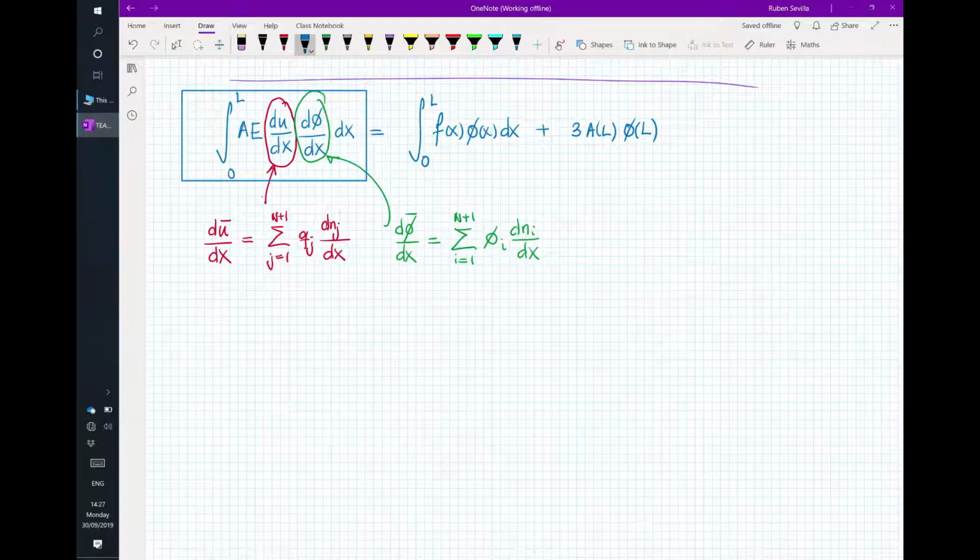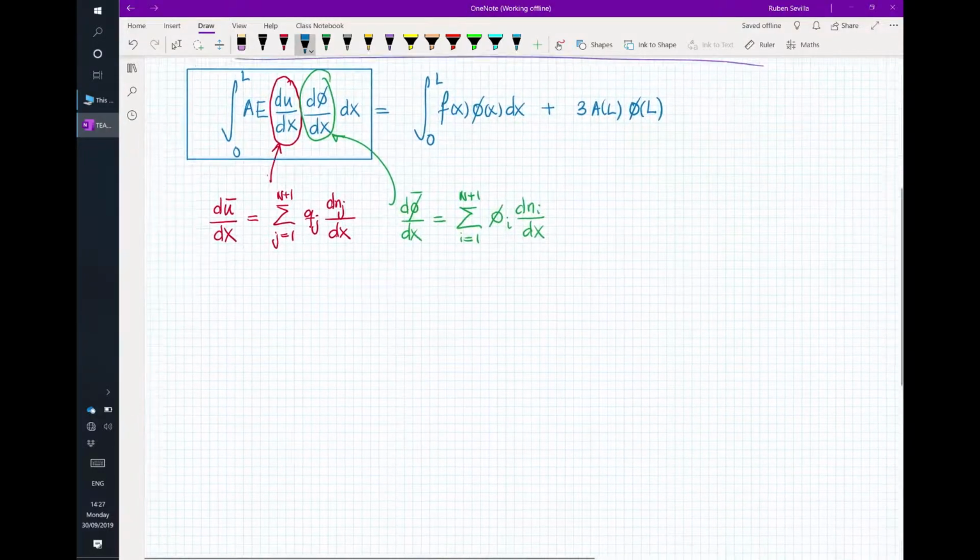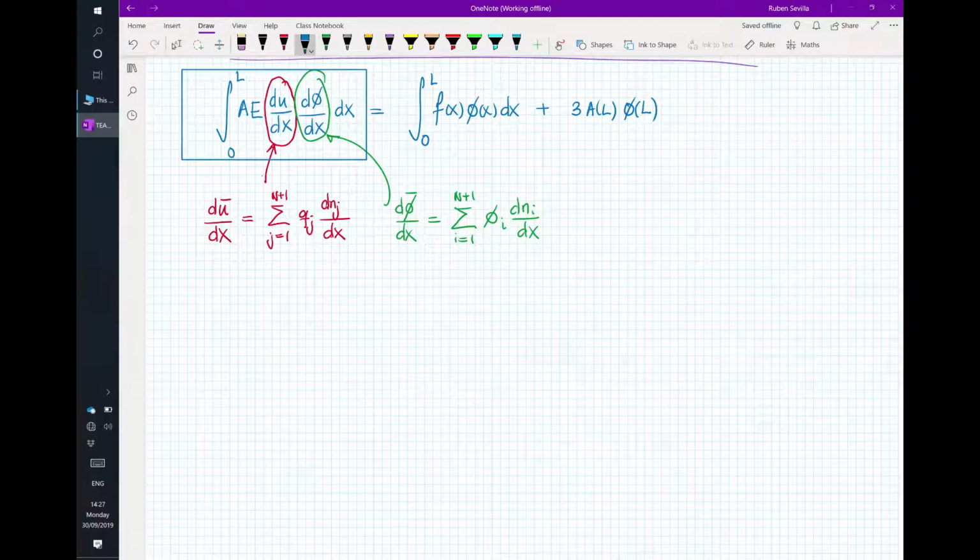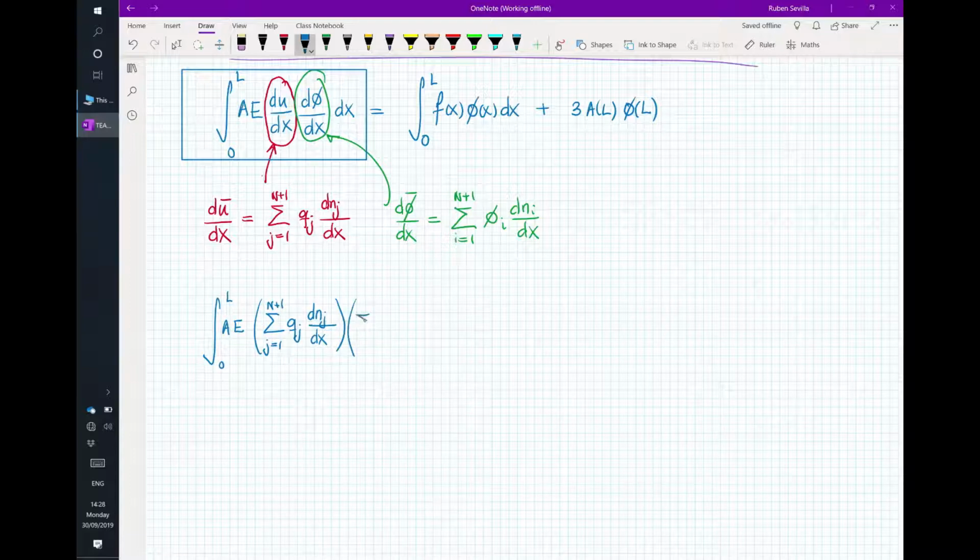Ready? Now it's a lot of formulas. It seems very, very complex, but it's not. So we insert these expressions, and we have the integral of A, E, and a summation, and then another summation.